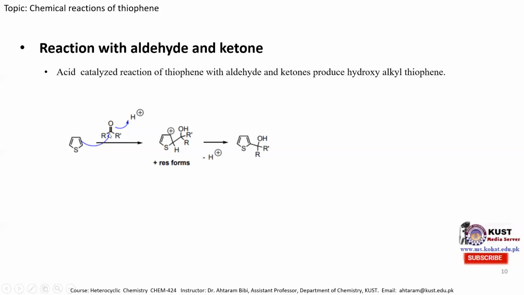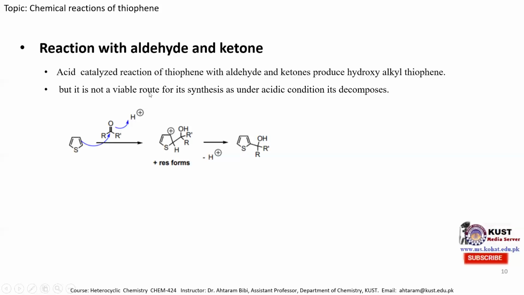When the thiophene is treated in the presence of acid, this oxygen gets protonated, this carbon is more electrophilic, then the pi electrons attack on this carbon atom, and in the first step this intermediate is produced, and then the counter ion of the acid takes this proton and produces the hydroxyalkyl thiophene molecule. But under acidic condition, this molecule is decomposed.